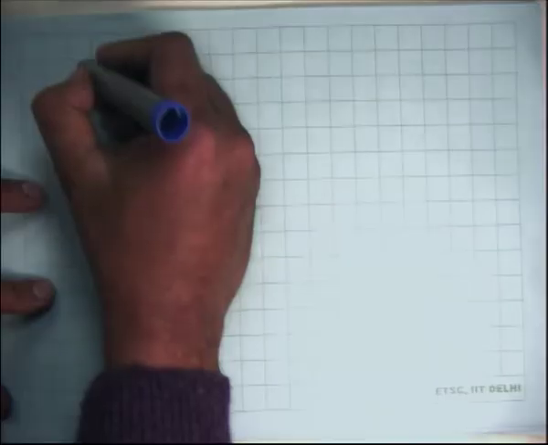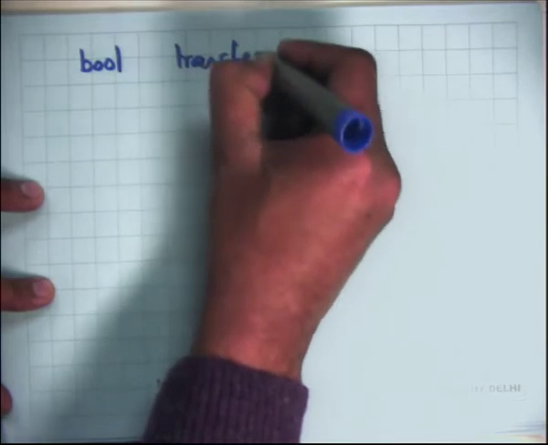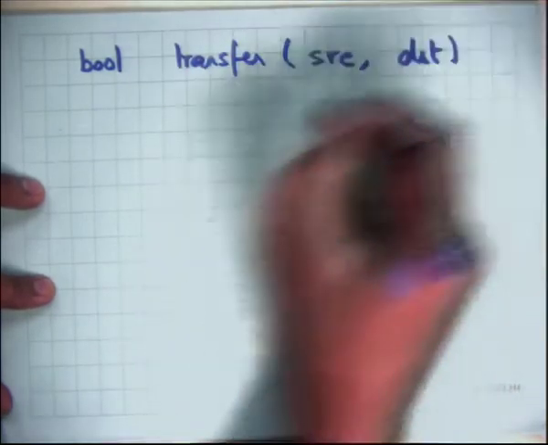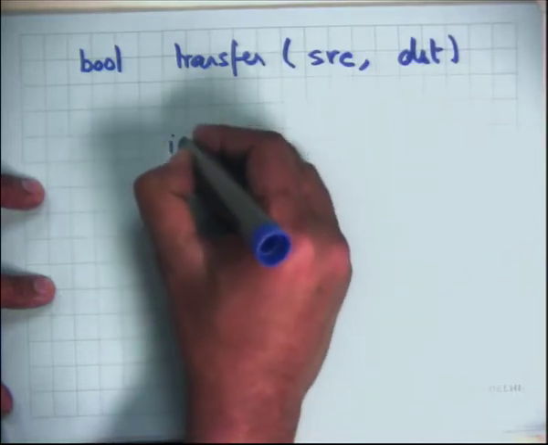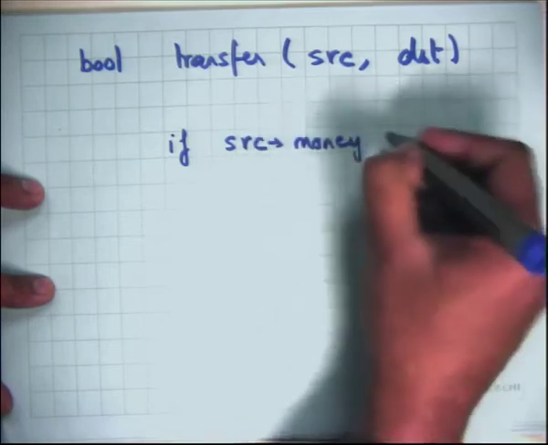So let's say bool transfer, source, destination, if source dot money is greater than 0.